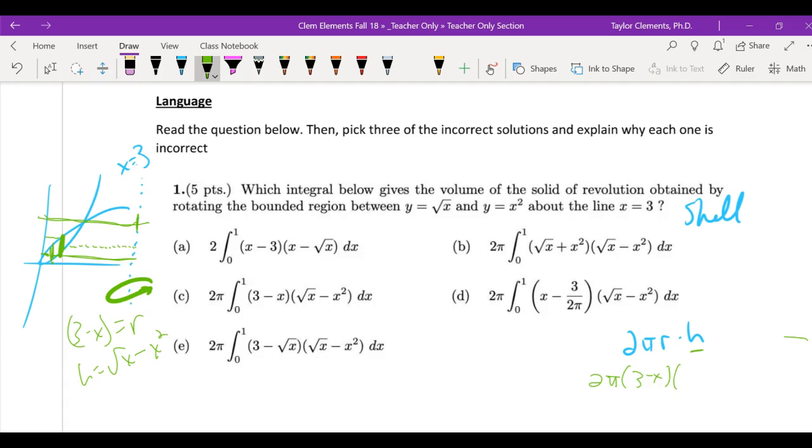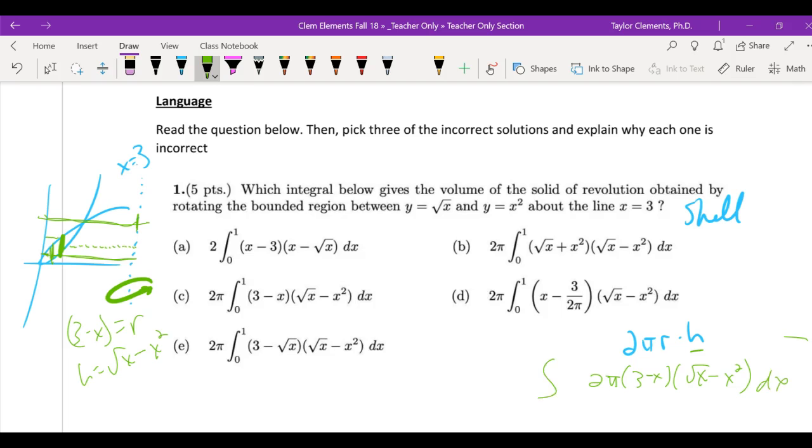So square root of x minus x squared, and then dx.